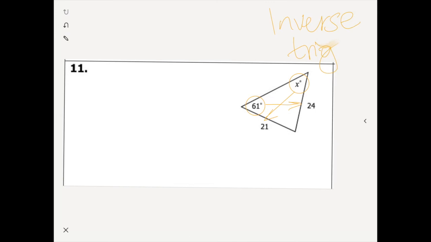So we're going to have angle over the side, which means we're going to have the sine of x over 21 is equal to the sine of 61 over 24.